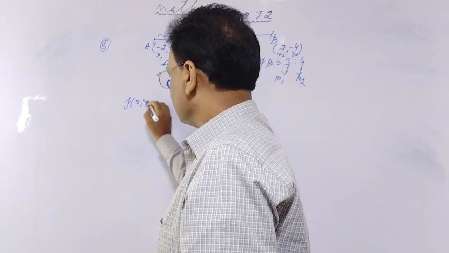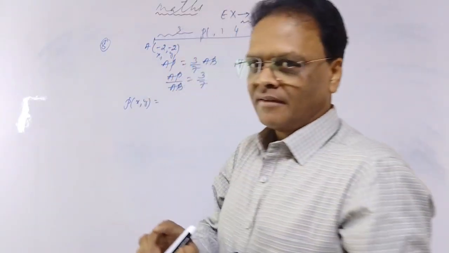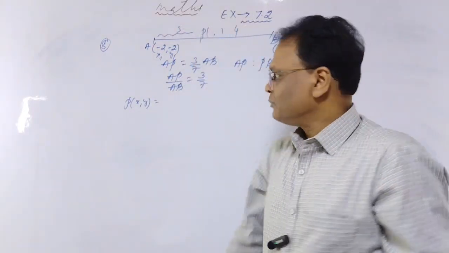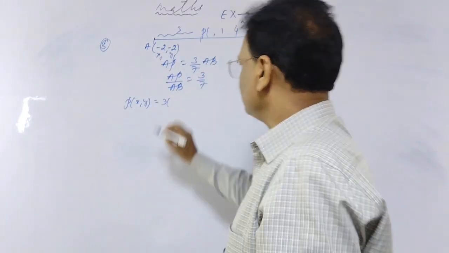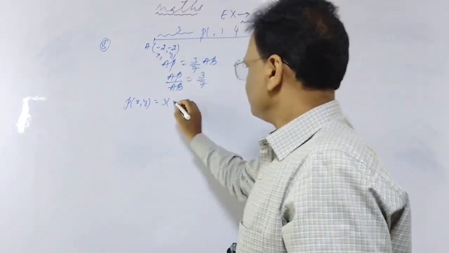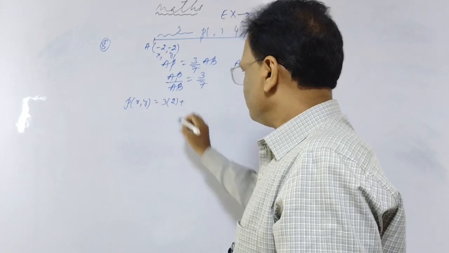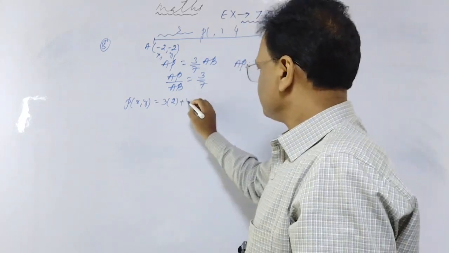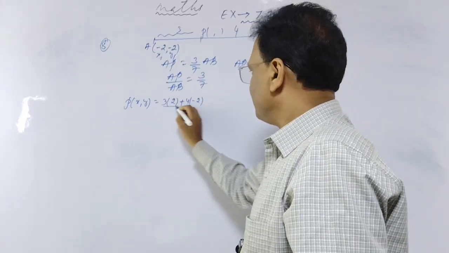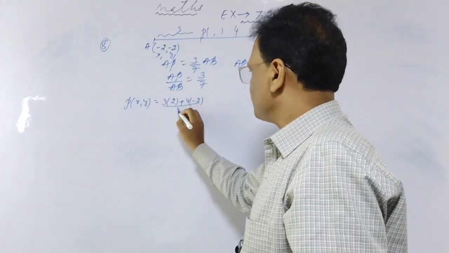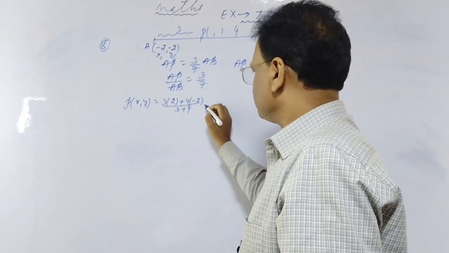So what is the formula? P(x, y) is equal to, again the section formula, m1 x2 plus m2 x1 divided by m1 plus m2. What is my m1? M1 is 3. M1 plus m2 means 3 plus 4.